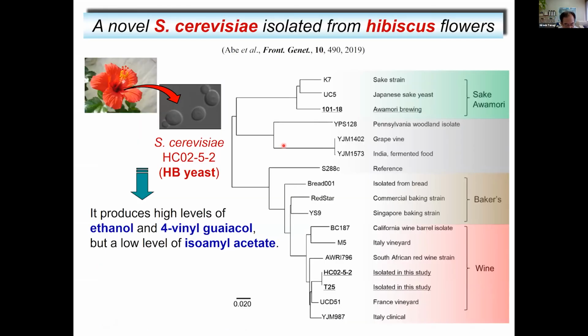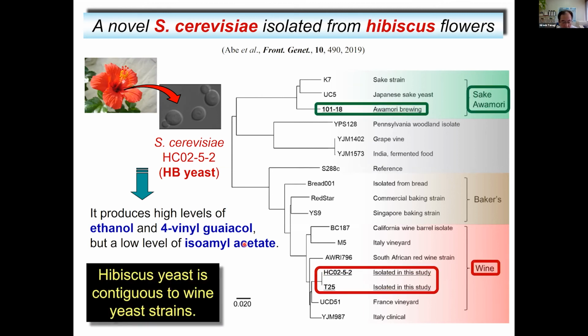We very recently isolated a novel Saccharomyces cerevisiae strain from hibiscus flowers, called hibiscus yeast, that produces a high level of ethanol and 4-vinyl guaiacol, which is a precursor of vanillin, known as the key flavor of aged awamori. However, the isoamyl acetate concentration observed in hibiscus yeast was lower than in the conventional awamori yeast.